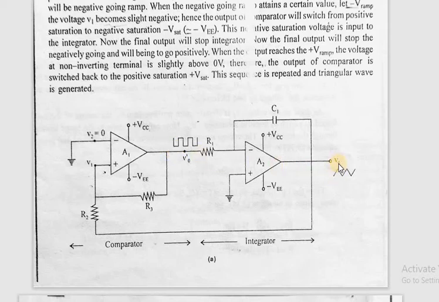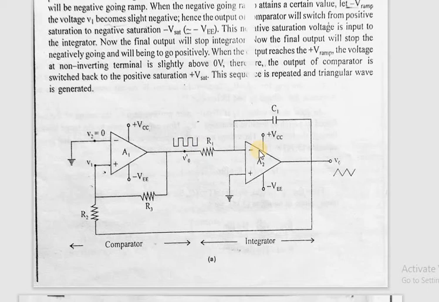The output of the integrator was giving a negative ramp. At a particular value, the comparator resets to minus Vsat, and then the output will be a minus Vsat square wave. So now the input becomes minus Vsat.